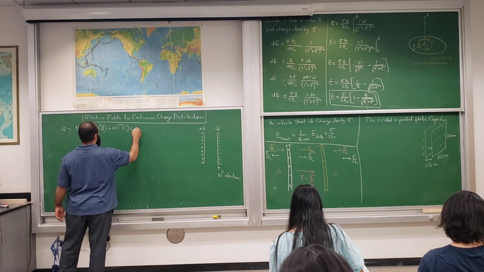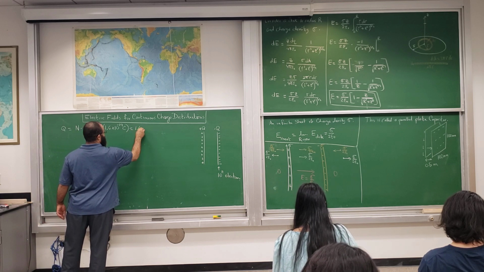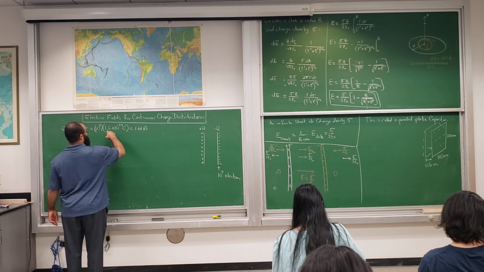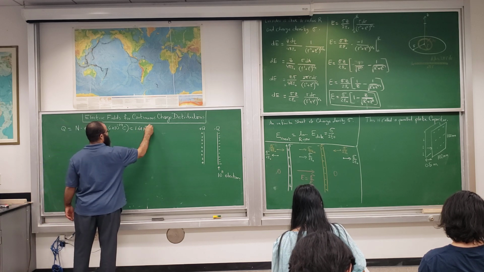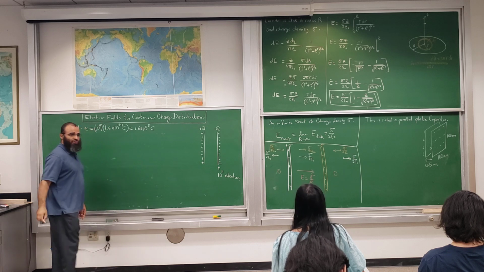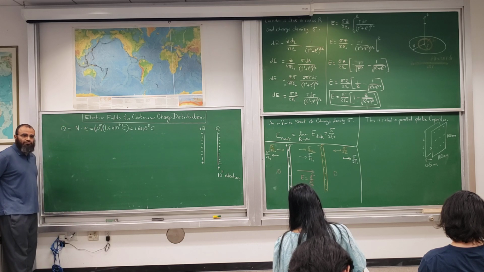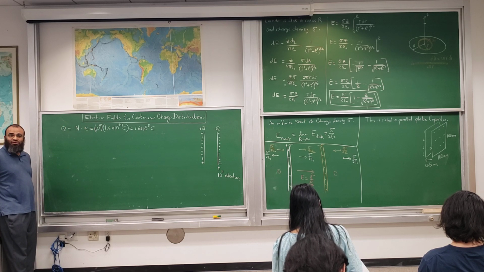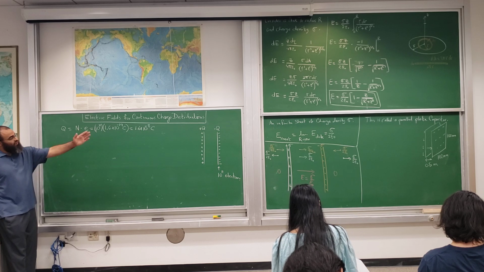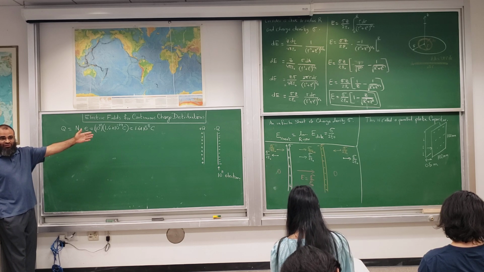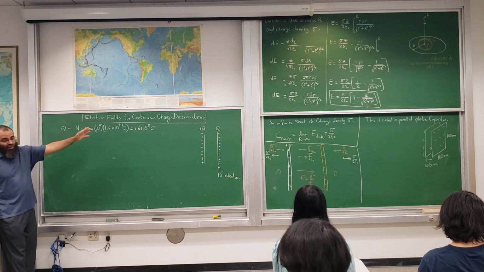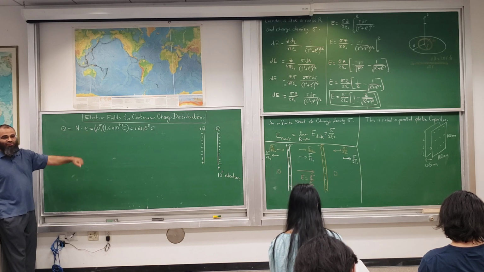So when you multiply, you get 1.6 times 10 to the minus 8 coulombs. That's how many coulombs we have. So the plus one has 1.6 times 10 to the minus 8 coulombs, and the minus one will have minus 1.6 times 10 to the minus 8 coulombs.